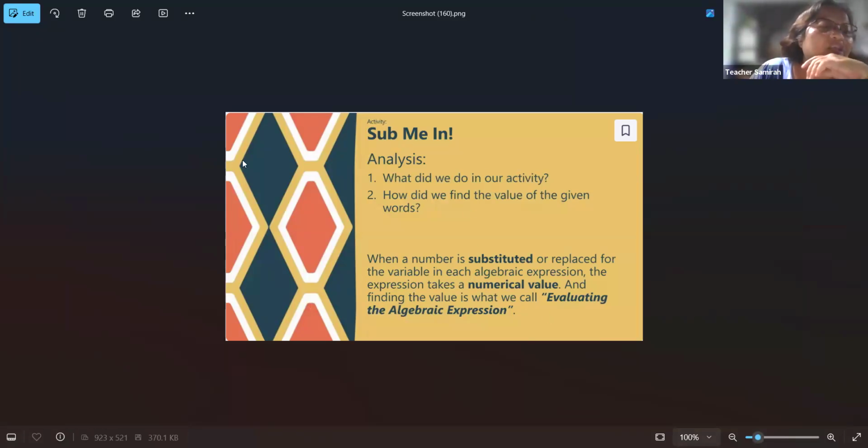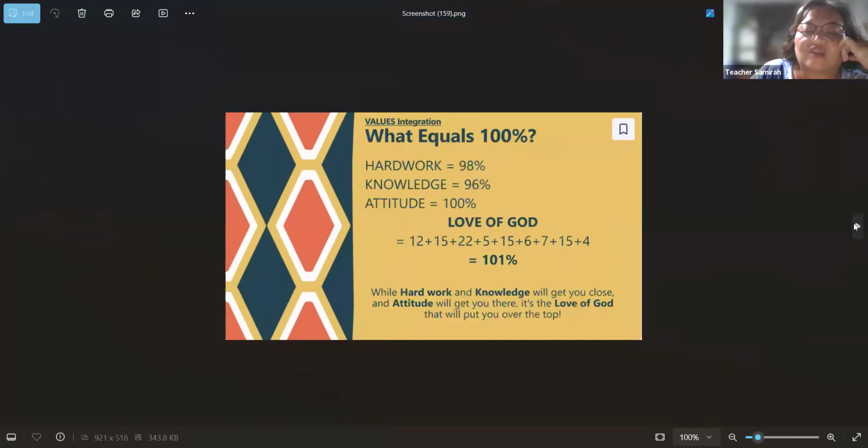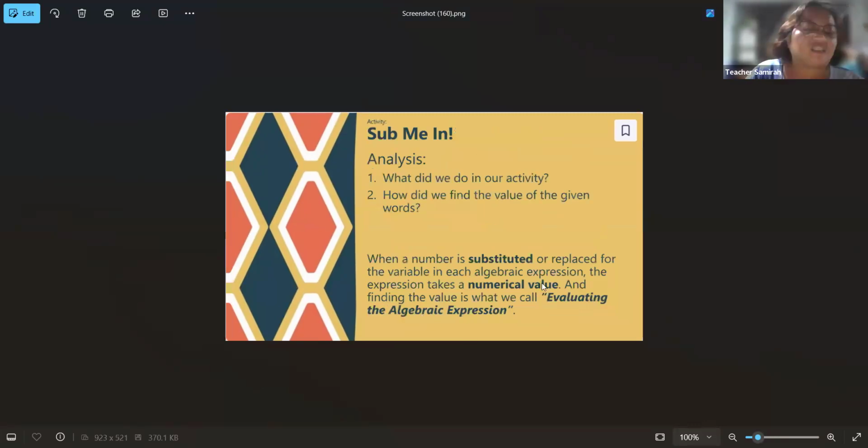Remember, we substituted the letters inside the parentheses within the given words, such as hard work, attitude, and knowledge. Upon substituting all the letters, it is actually the evaluation of the algebraic expression.